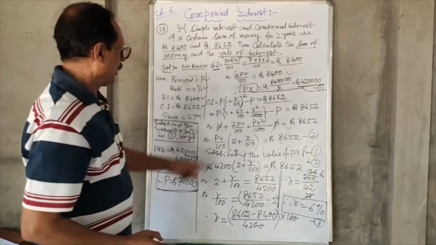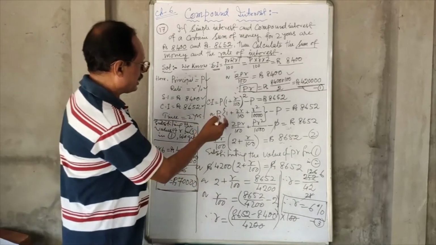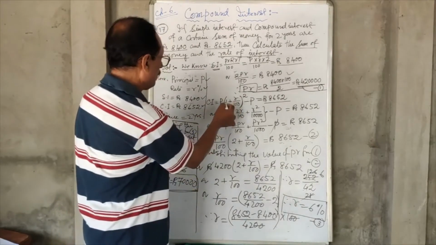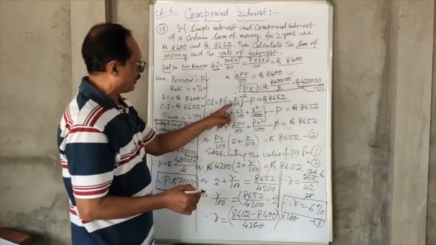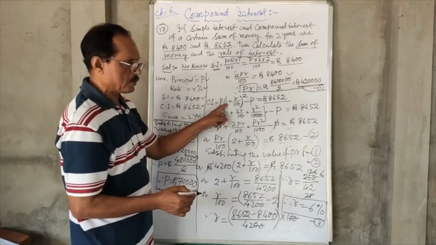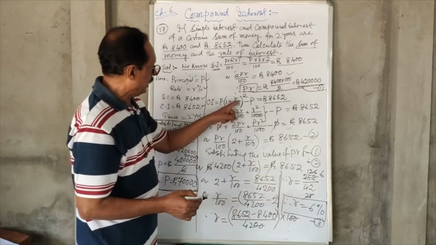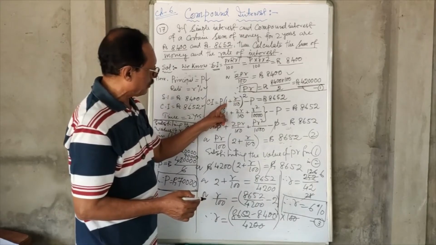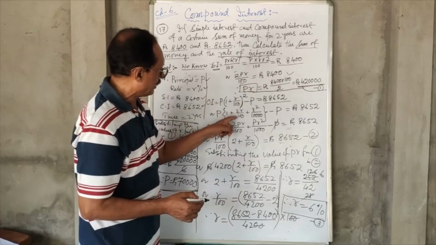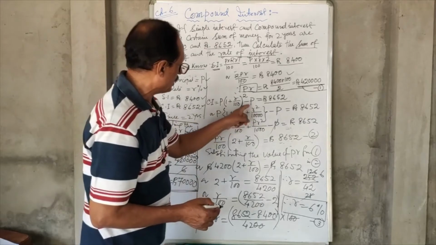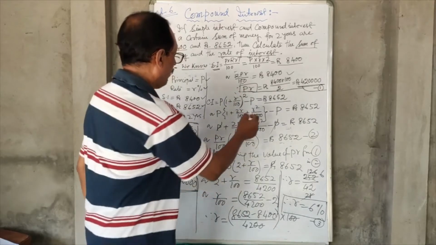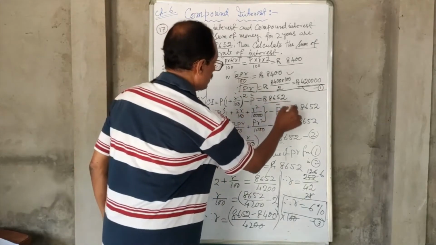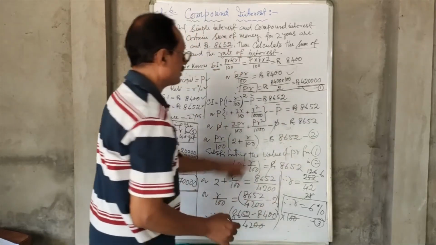Calculating, we take P into 1 plus R by 100 whole square, and we expand it: 1 square is 1, 2 into 1 into R by 100 is 2R by 100, plus R by 100 whole square, that is R square by 10,000, minus this P, which is equal to rupees 8,652.